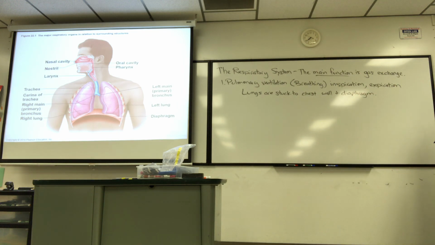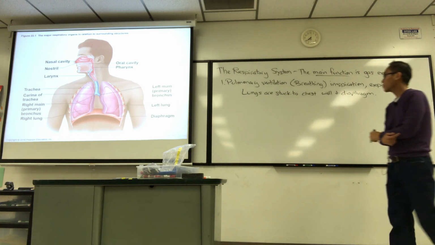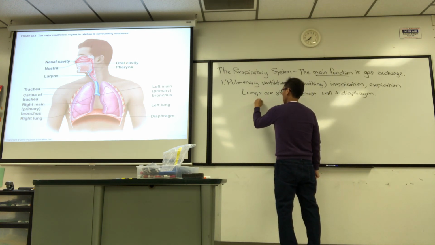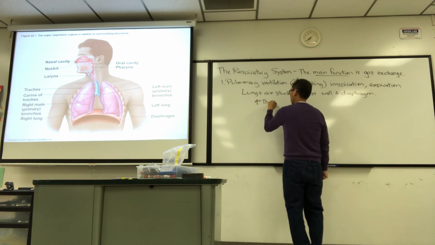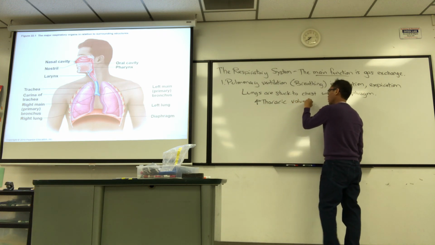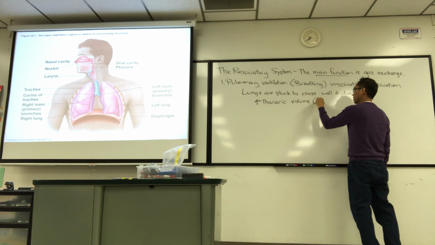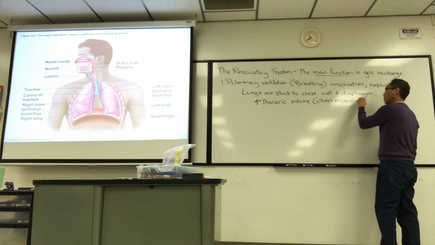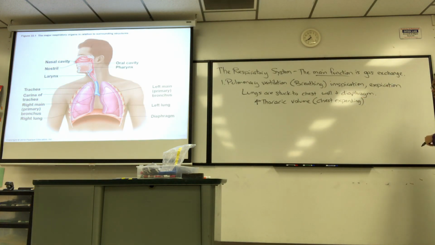So the thing is, when your chest wall expands and your diaphragm contracts and flattens, when you take a breath in, your thoracic cavity increases in volume. So when you increase thoracic volume, as a result of the chest expanding, because the lungs are stuck to the chest, you're expanding the lungs with the chest.